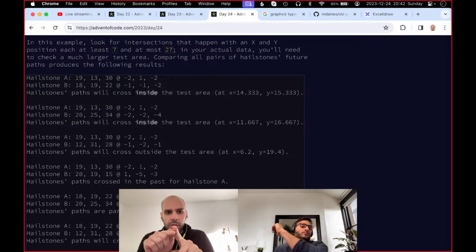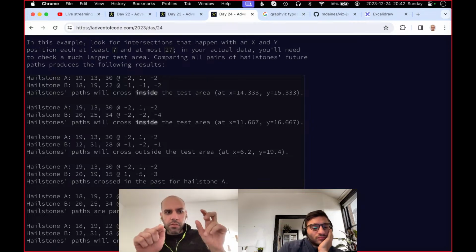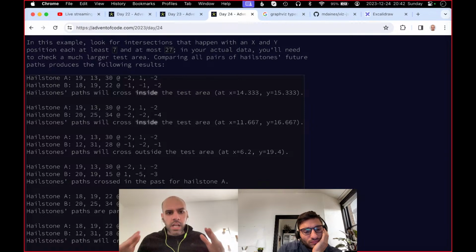And what they're asking is, for hailstones A and B, if you draw the lines on the Cartesian plane, you don't really care about the hailstones themselves, just the lines that they describe. Will they intersect in this square described by x and y between 7 and 27?